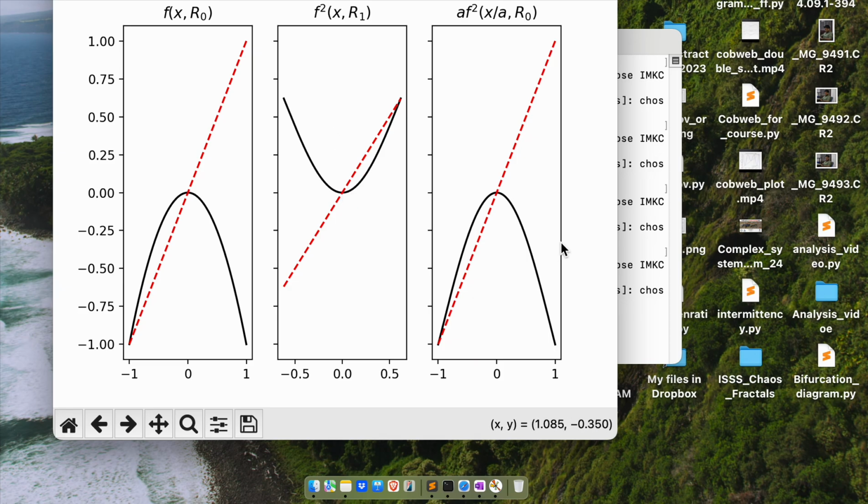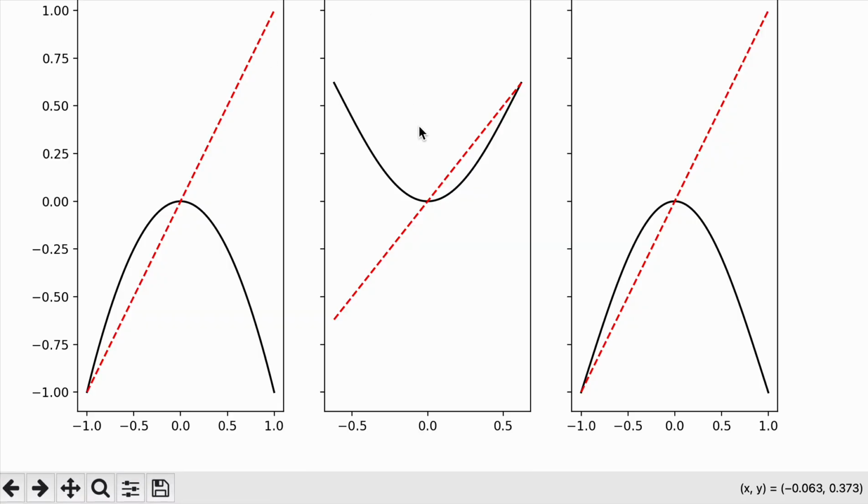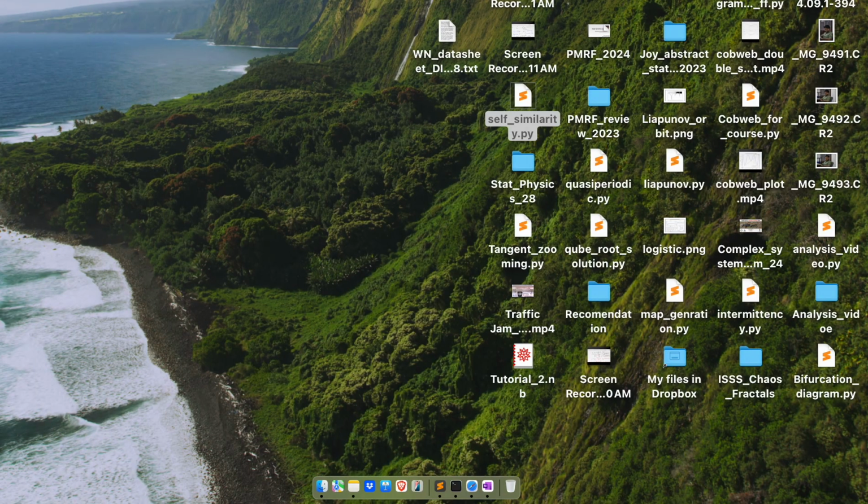So this is the renormalization. Let me do it again step by step, then it will be much clearer.